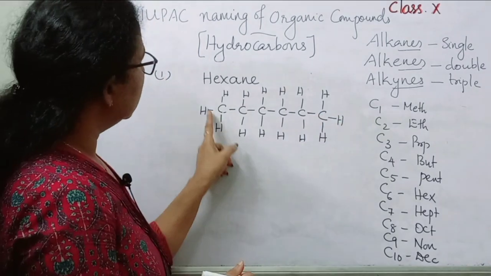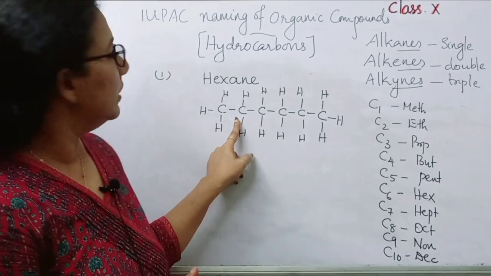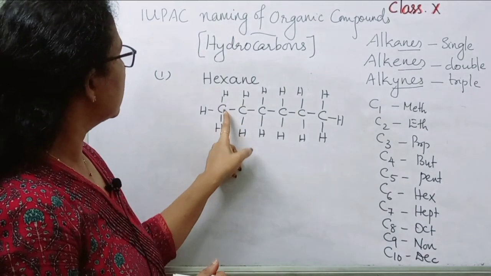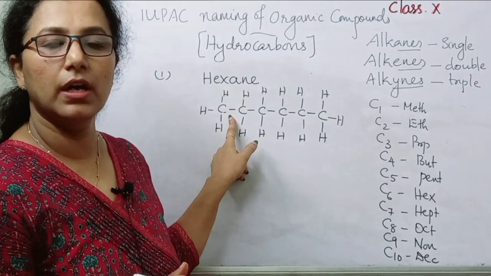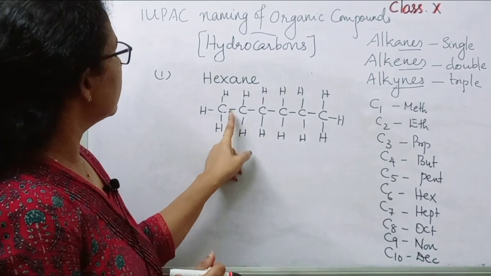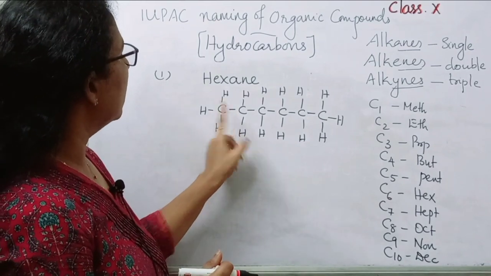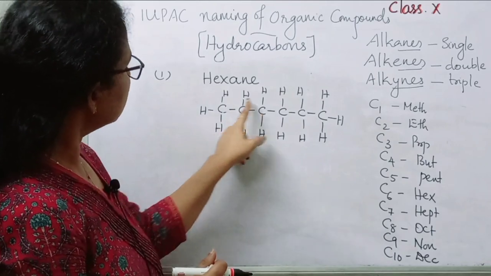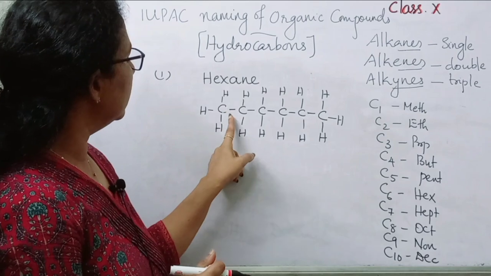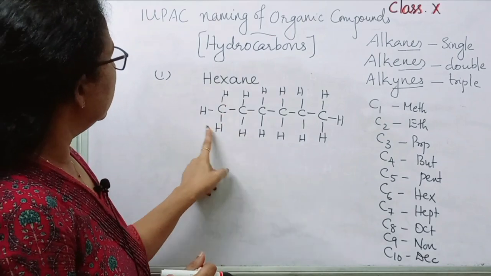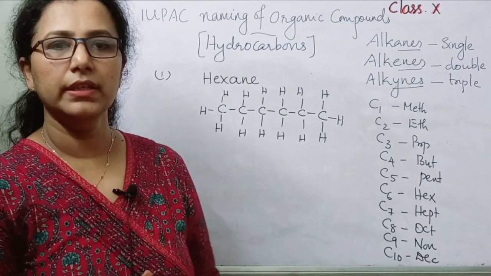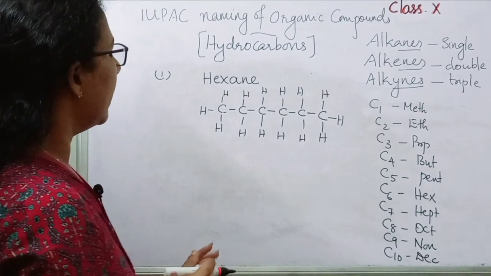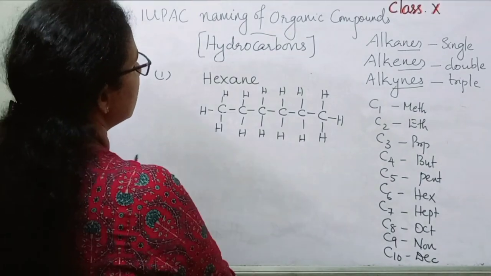We should check whether 4 bonds have come around the carbon atom, since the valency of carbon is 4. After checking that all 4 valencies are satisfied, we should draw the structure. So here all the valencies of carbon are satisfied and we add hydrogen for satisfying the valencies since it is a hydrocarbon. So this is the structure of hexane.